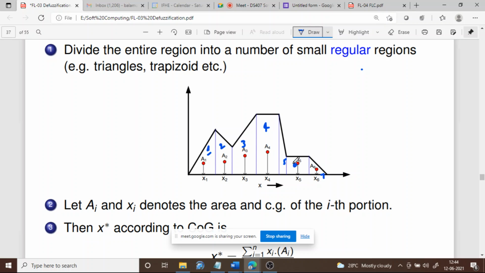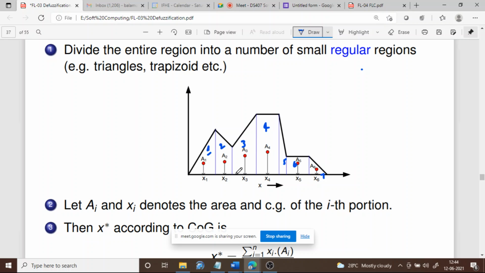Like this we can divide the graph into several parts, and then you find the area of each part. For this part we can find the area, similarly for this part, then for this part, and like that for every part.